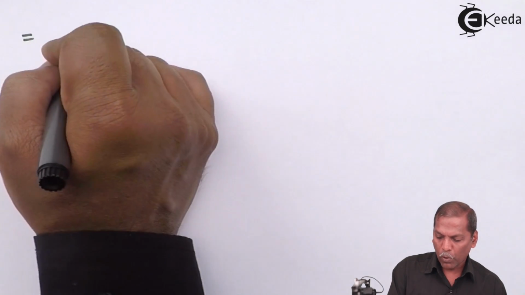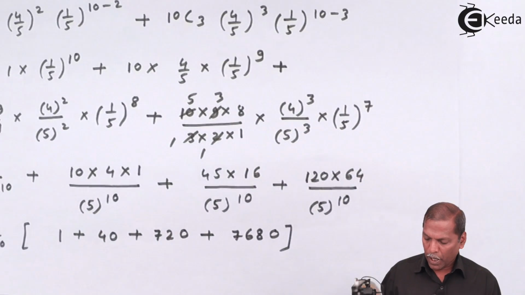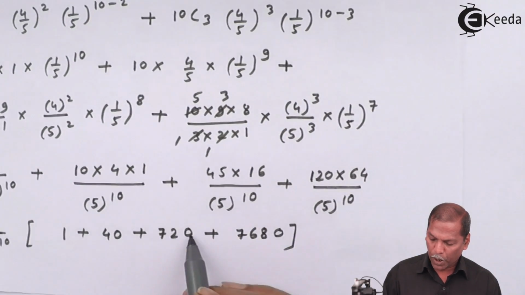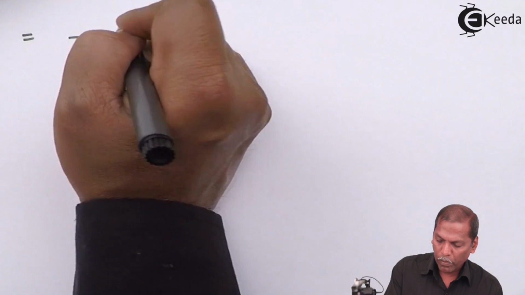So that is equal to, we write 5 raised to 10 in the denominator, and in the numerator on adding we get 0 plus 0 plus 0 plus 1, it means 1.